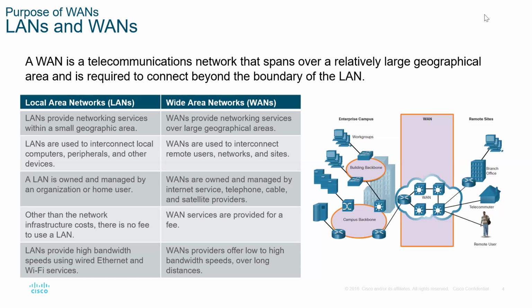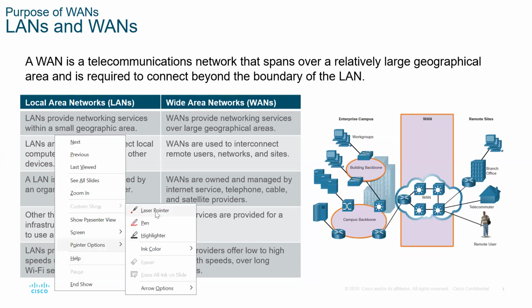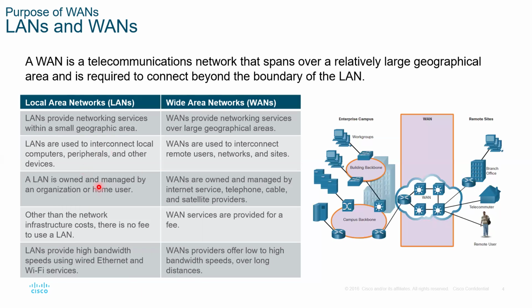There we also have the differences between local area networks and wide area networks. LANs provide networking services within a small geographical area. They interconnect local computers, while WANs interconnect networks. A LAN is owned and managed by an organization.